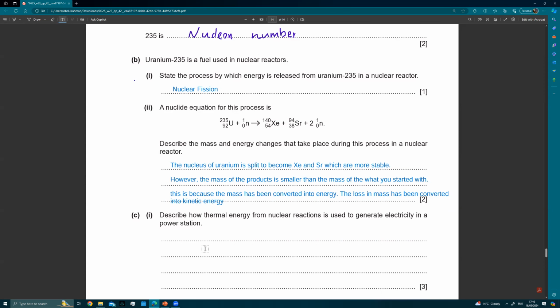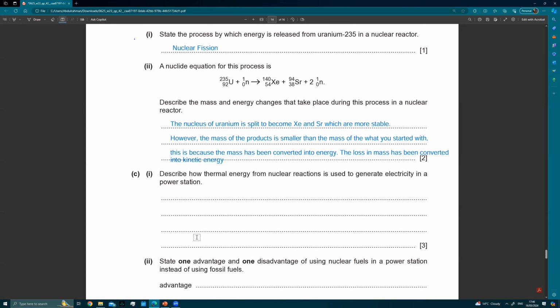Describe how thermal energy from nuclear reactions is used to generate electricity in a power station. Well, how do you produce electricity? Generally you use heat to boil water, produce steam, and the steam spins a turbine, which drives the generator.